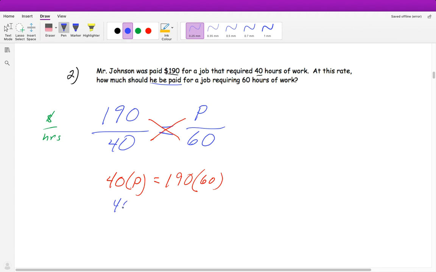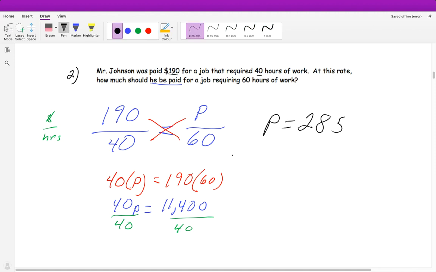So I have 40p is equal to 11,400, and then I will divide each side by 40. So that way it's being multiplied right now to the p, so I will isolate the p by division. And I will write the answer over here. So p is then equal to 285. So then that means that he will be paid $285.